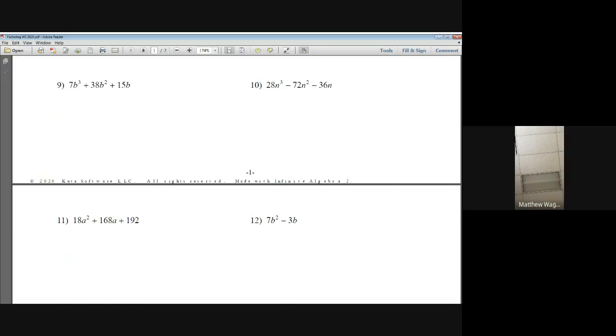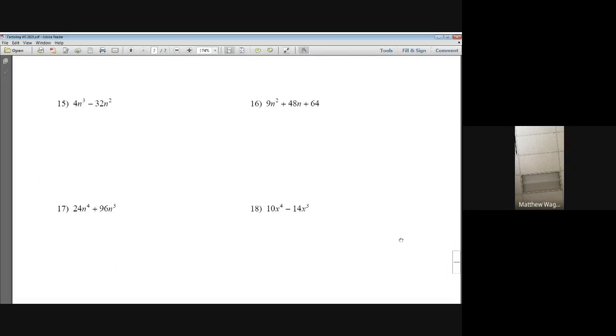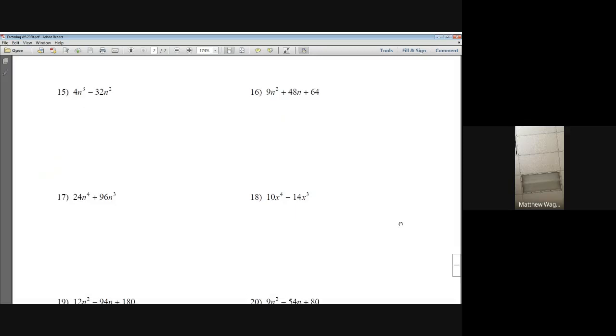All right. As I'm continuing on, obviously numbers get bigger and bigger and bigger. Actually, let's do 15, just because again it's a two-term expression. So we're going to factor out what's common.